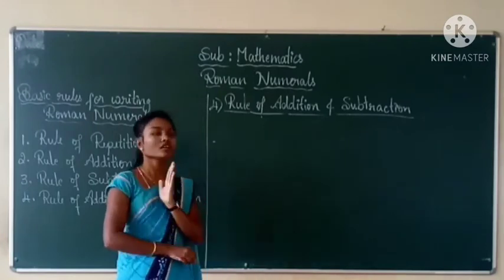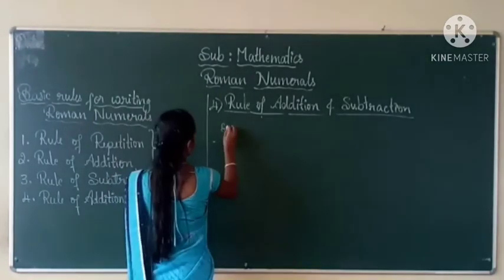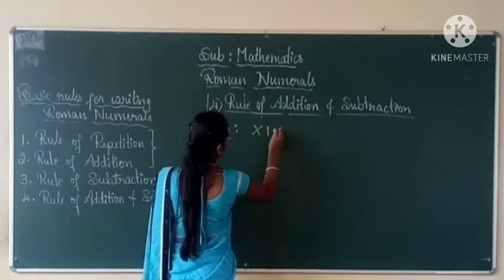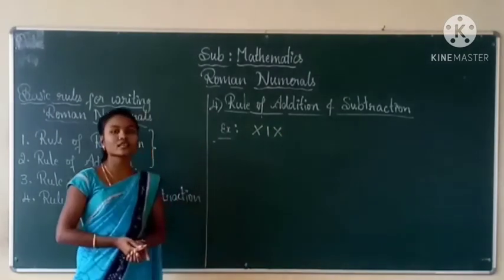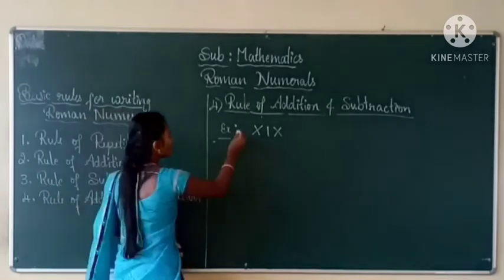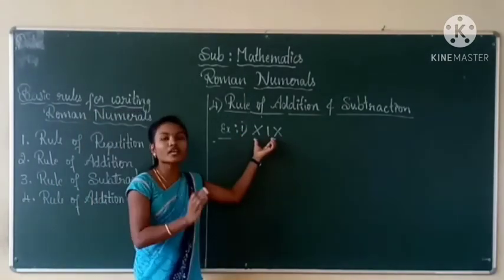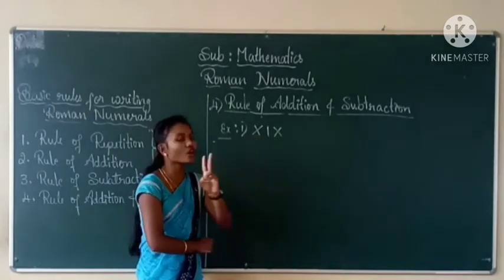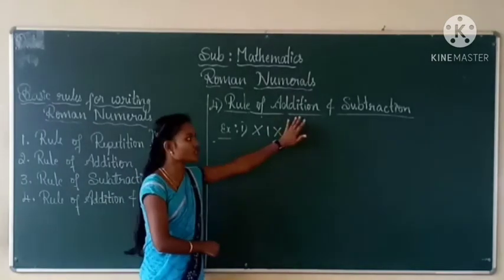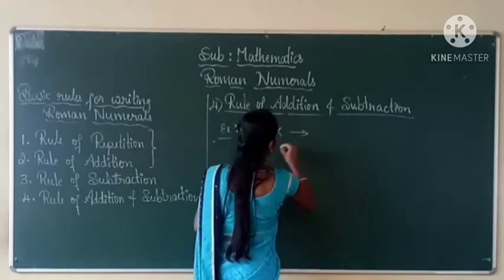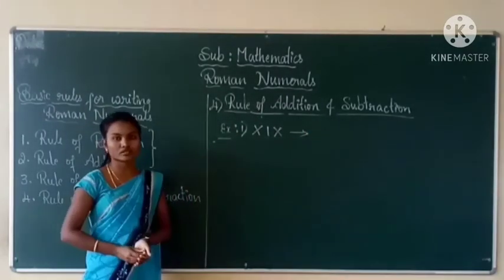If we take an example, for example, I take XIX. Example 1. So in this example, we are going to operate two operations, that is addition and subtraction. So let us see how to operate these two operations.